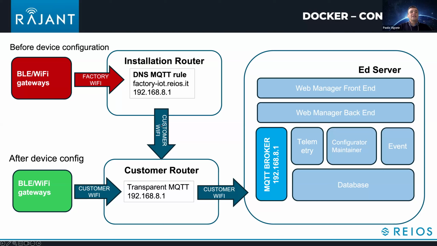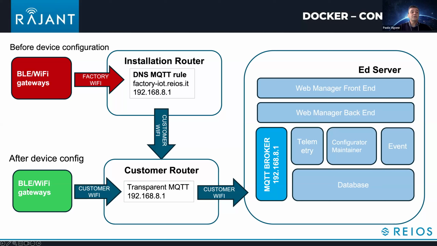The installation router also provides a repeater leg to the customer router, and so, for the device configuration, the device is able to connect to the broker and ready to receive the configuration.